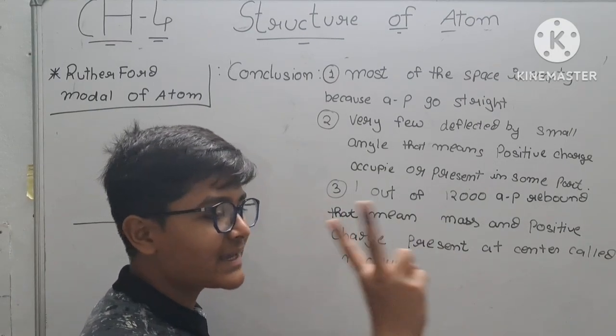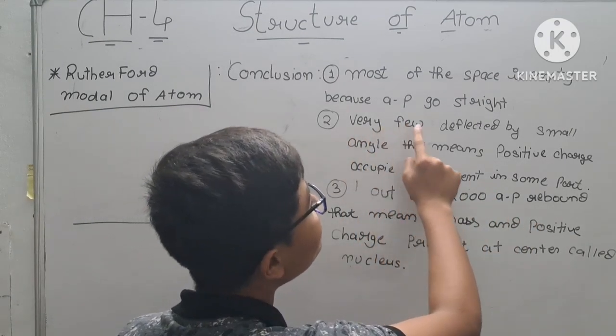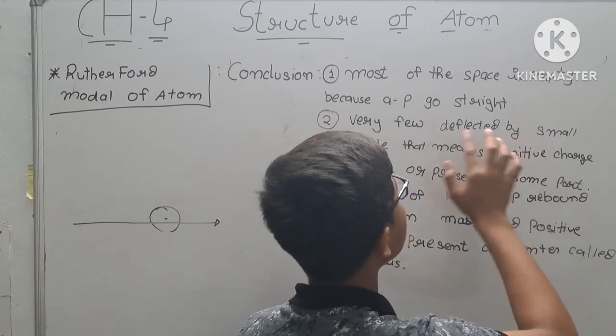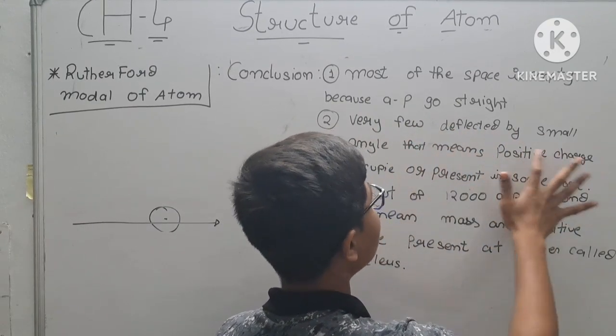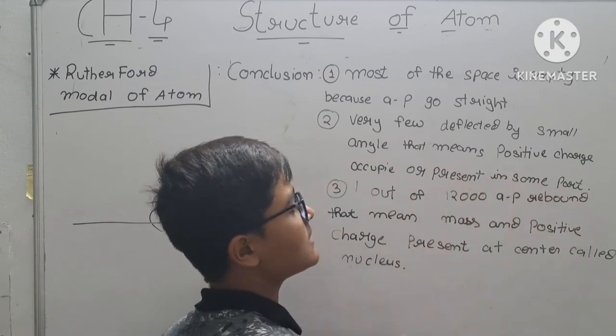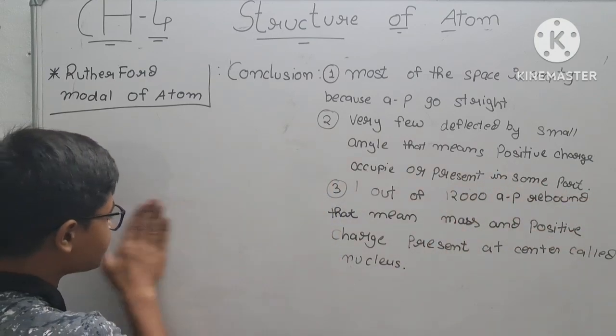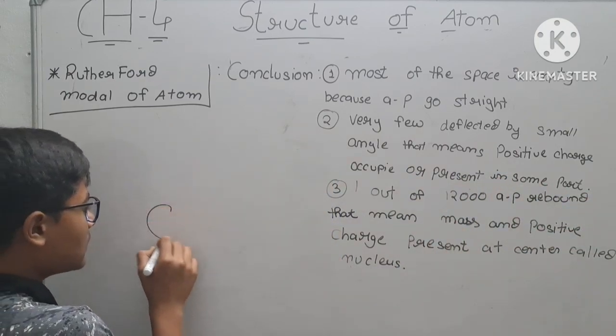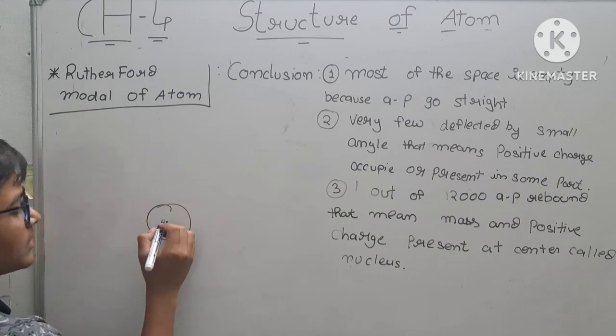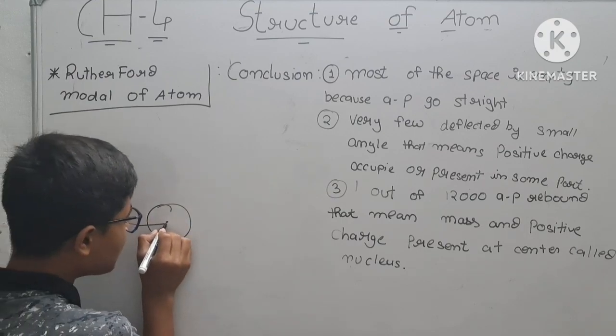Now the second statement: very few particles are deflected by small angles. That means the positively charged part is present in only some part. Here is the positively charged sphere.